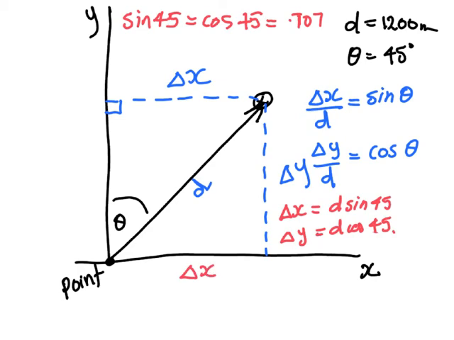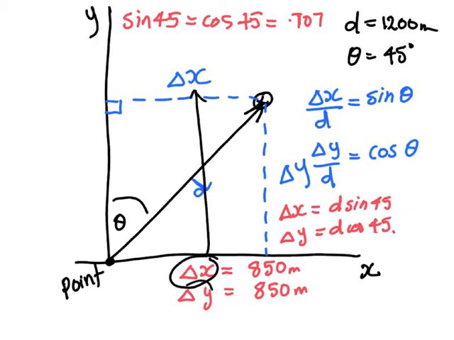If you do the maths, delta x then comes out to approximately 850 meters, and similarly delta y also 850 meters. So delta x and delta y.